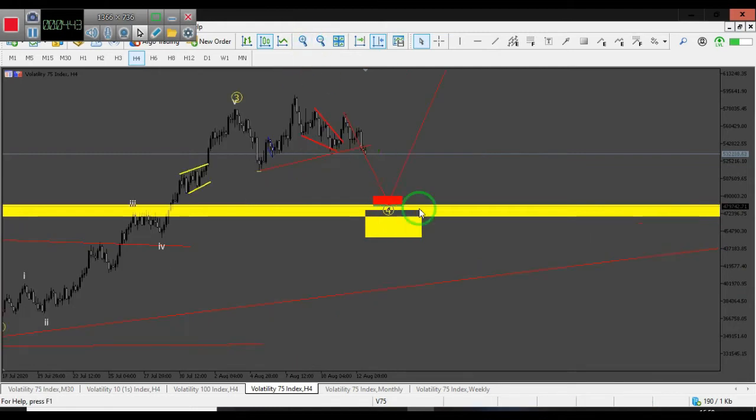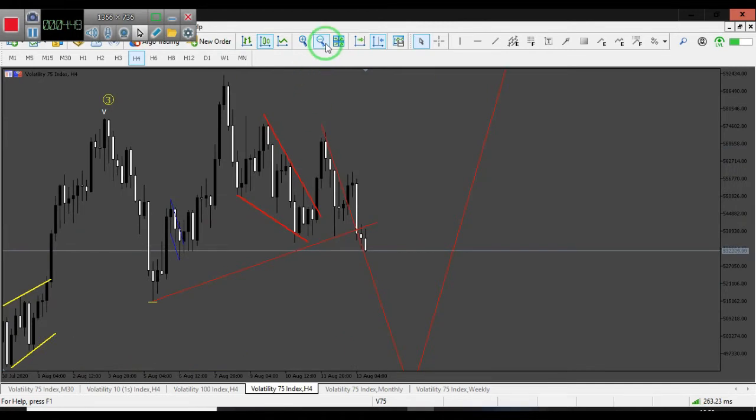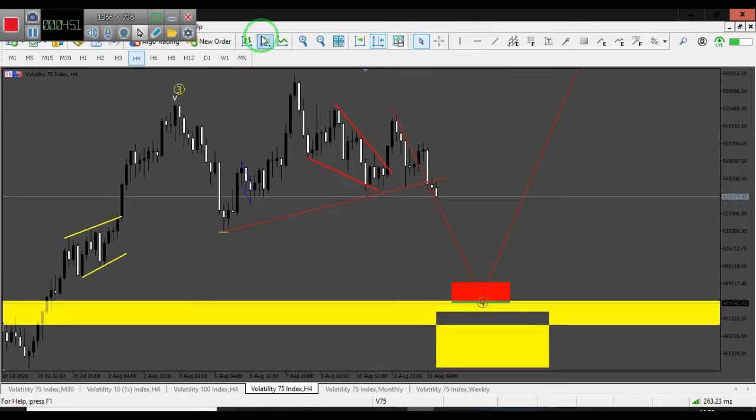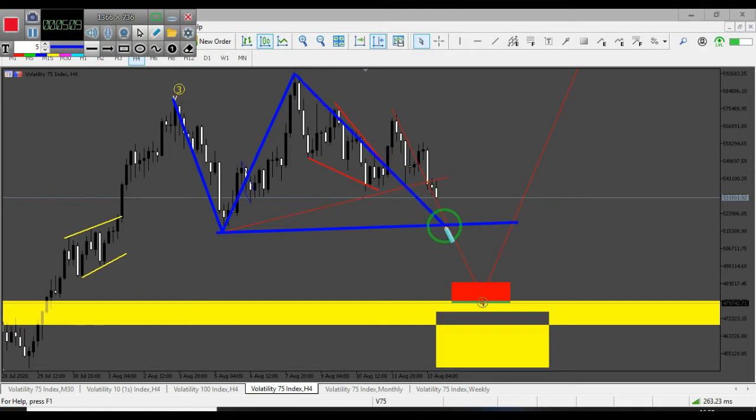And the first scenario, we're gonna have something like this. Expect something like this: A, B, C. This is our first scenario.